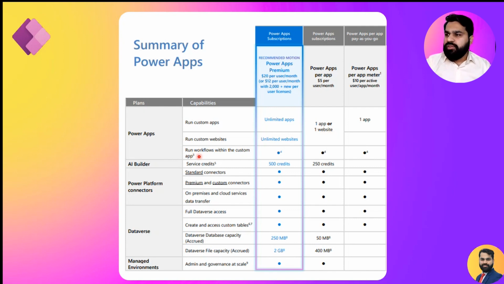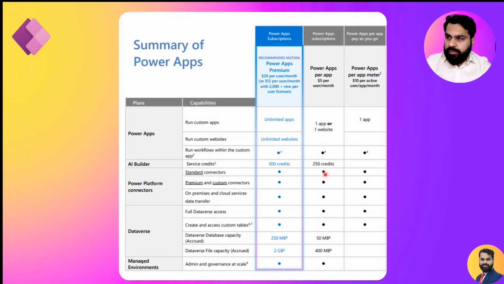Then these users will be able to run any of the workflows within the custom application also. What does this mean, running the workflow within the custom application? I will talk about this when we talk about Power Automate licensing.